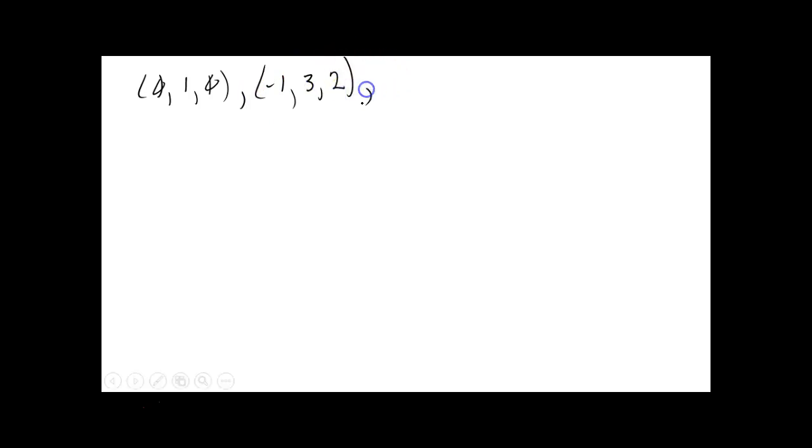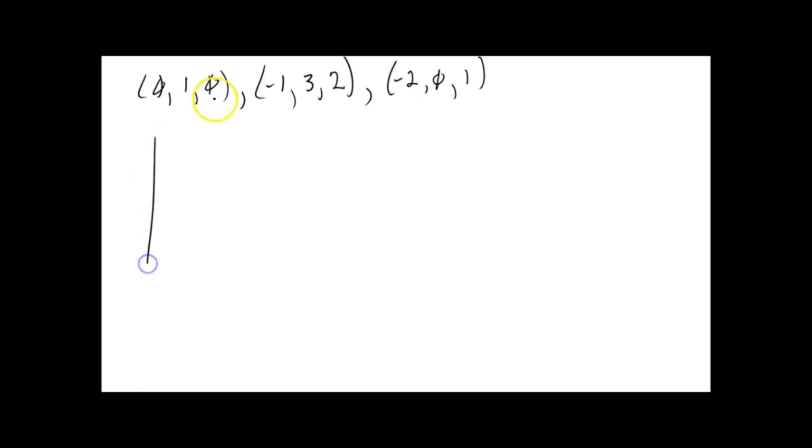Okay, that's somewhere out in a different octant, and -2, 0, 1. That's somewhere on the XZ plane. Okay? So, we want the equation of a plane that passes through those 3 points.